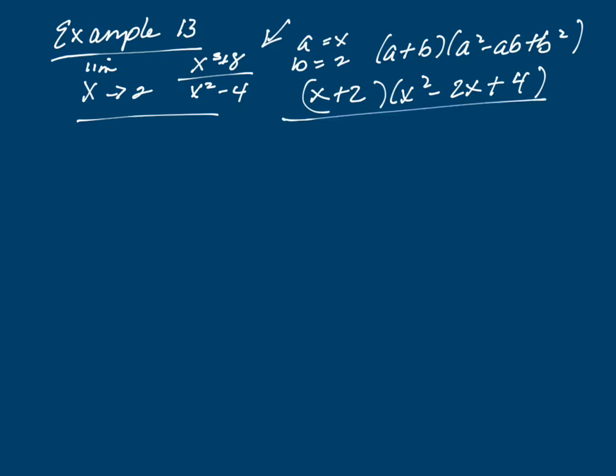And so then on the bottom, x squared minus 4 factors to x plus 2 and x minus 2. So the x plus 2's would cross out, and now you have the limit as x approaches 2.